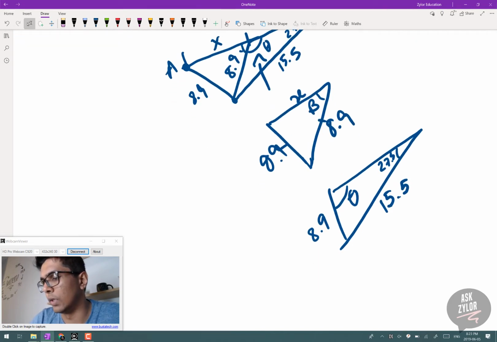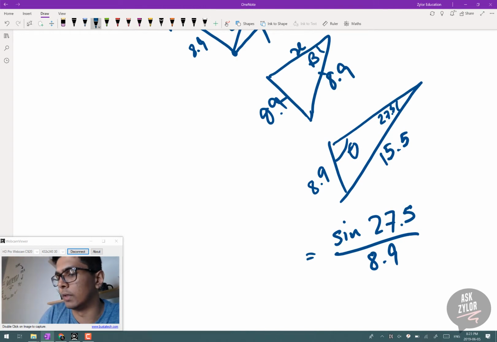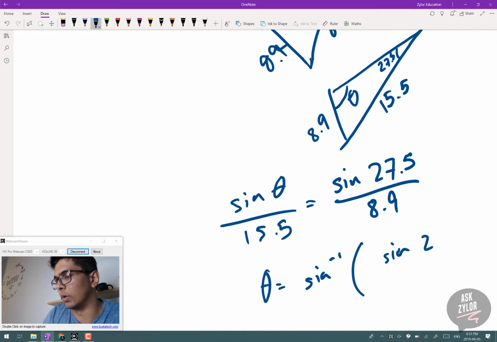Right, we can just use the sine law. So we know the sine of 27.5 over 8.9 should equal the sine of theta over 15.5. Right. Then I'm just going to isolate for theta, so it gives me sine inverse of sine 27.5 over 8.9 times 15.5.